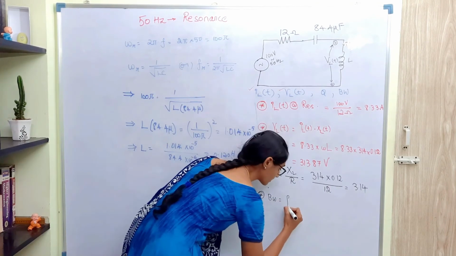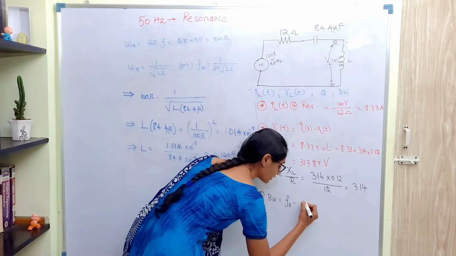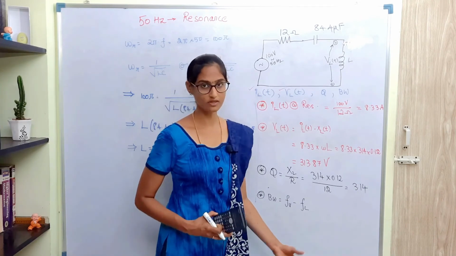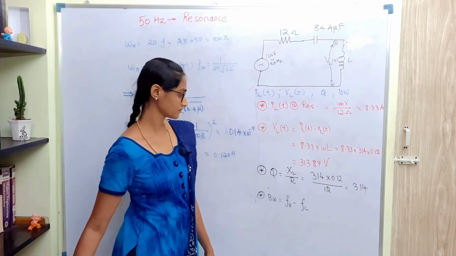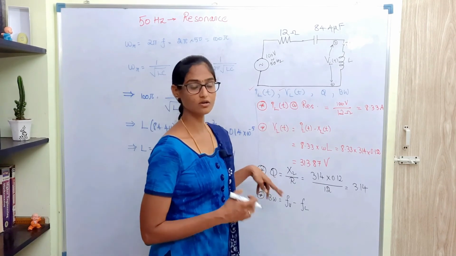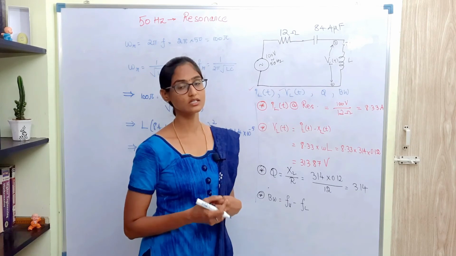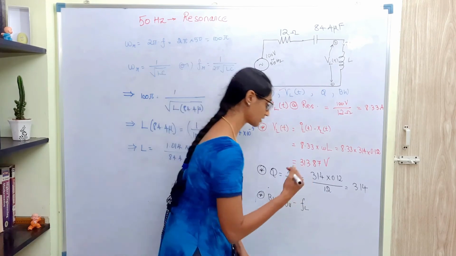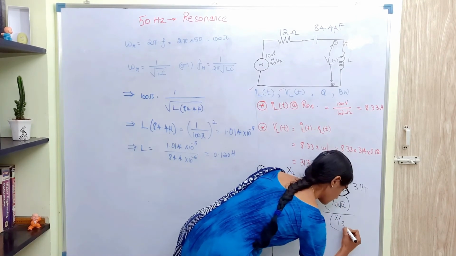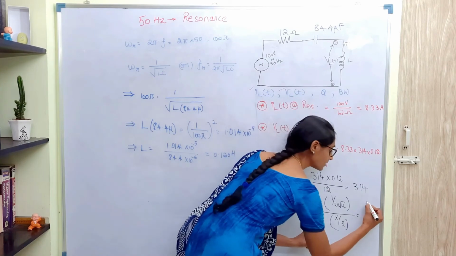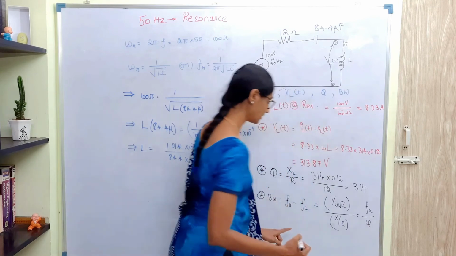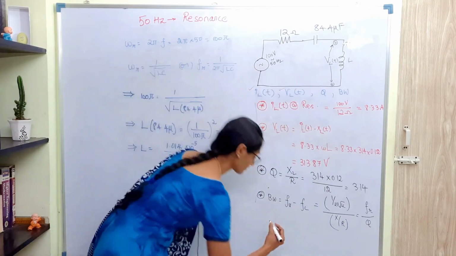Bandwidth will be the frequency of upper cutoff minus the lower cutoff, and at the mean of these two we will have the resonant frequency. Since we have the value of Q factor and also we have the resonant frequency, we can easily find out the bandwidth by another formula. This is nothing but the frequency at resonance divided by the Q factor. This gives us the bandwidth.